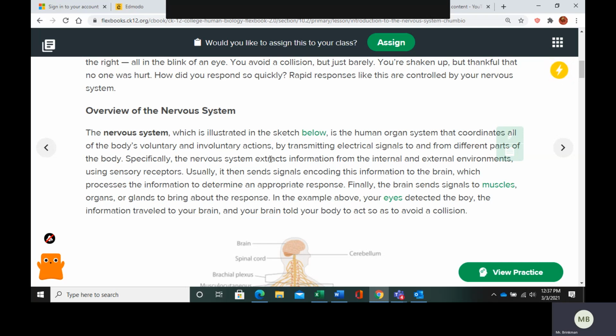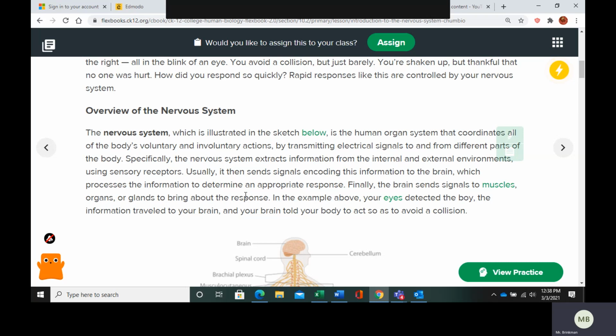The nervous system gets information from the internal and external environments using sensory receptors, and then it sends signals that encode this information to the brain. Your brain processes the information, determines the appropriate response, and then sends signals to your muscles, organs, and glands to bring about the response.